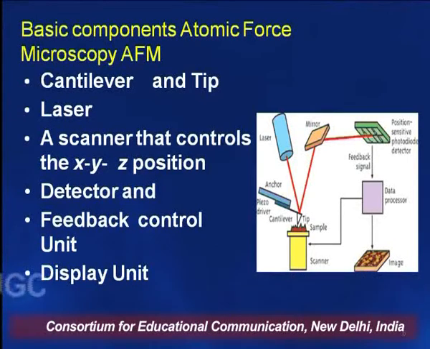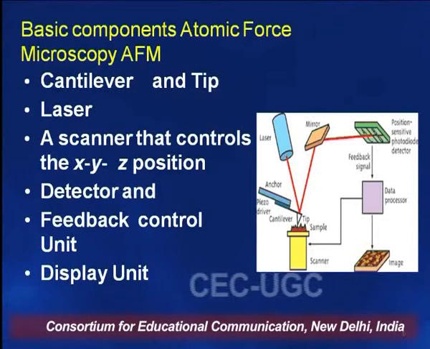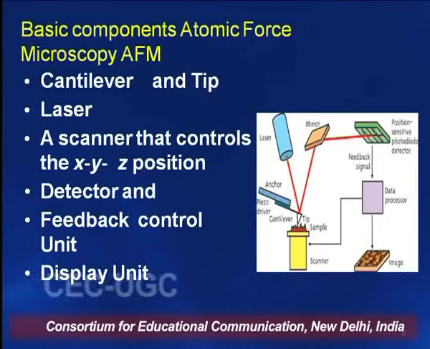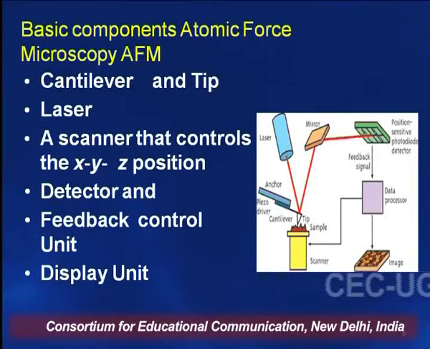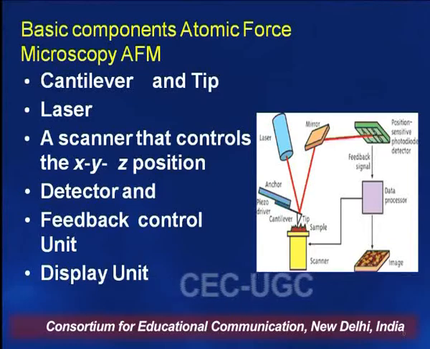On the right hand side, if we collect all these, we see that the sample is on the sample holder. The laser beam falls upon the cantilever tip, and this cantilever tip comes closer to the sample, and there is a photodiode, or we can say a detector, which can detect the force changes or the changes in the tip or the cantilever, and that can be recorded.